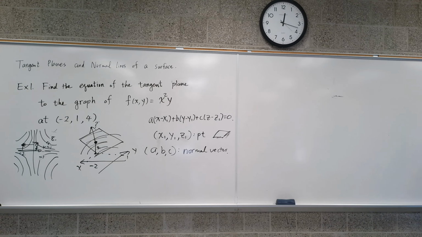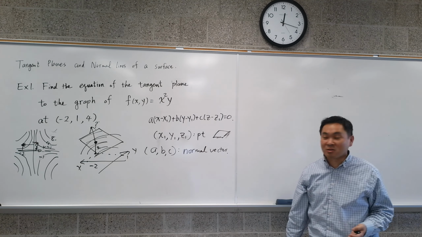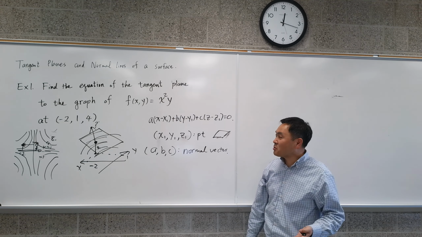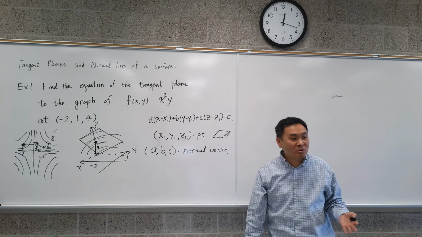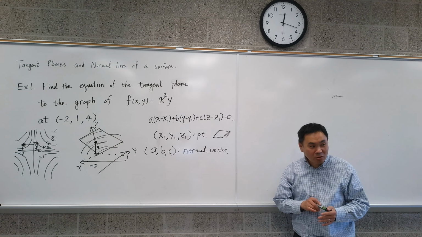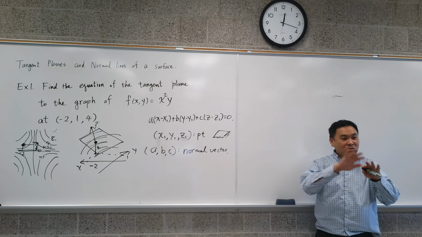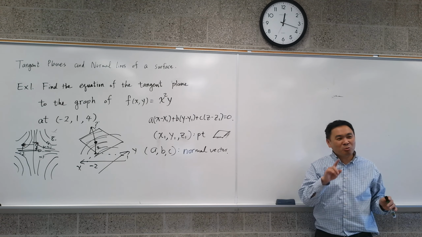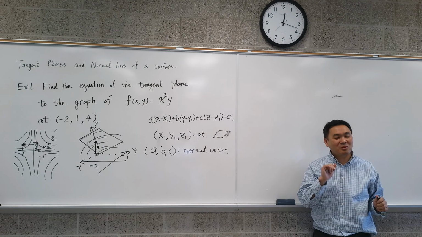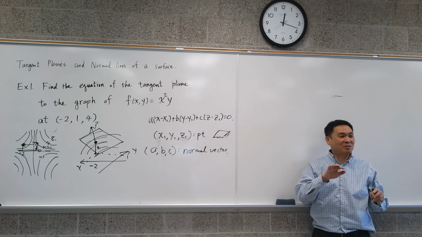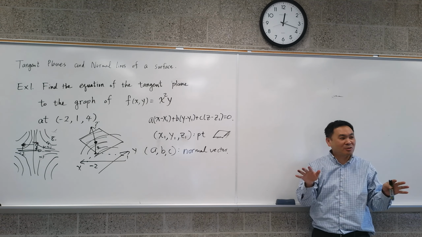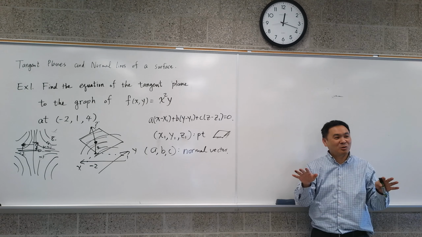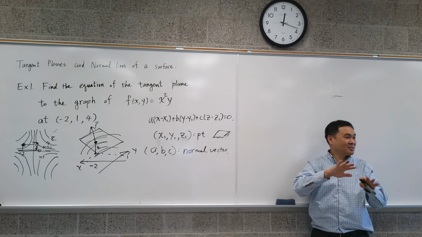The problem is we haven't learned anything that would give us the normal vector to a surface, except just one place. Do you know when we did something that's normal to a surface? What's normal to a surface?